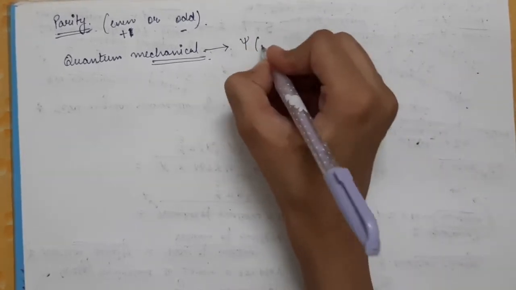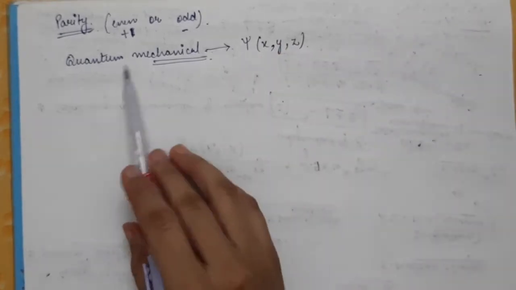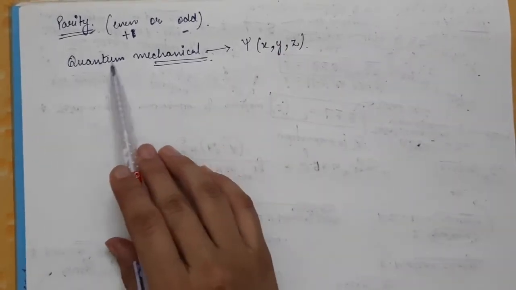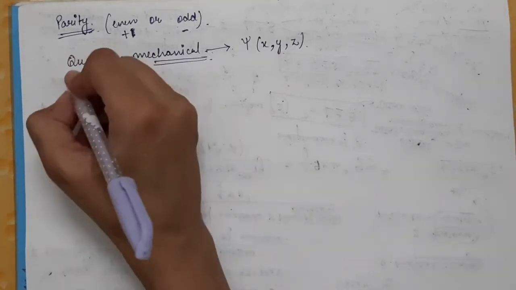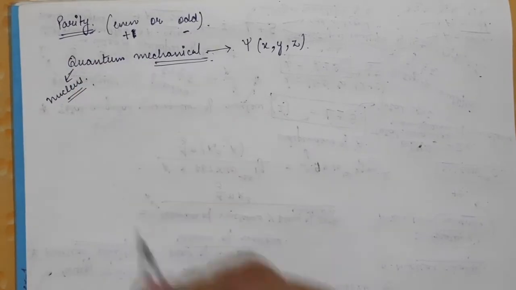is associated with a wave function which is given by psi of x, y, z. So every quantum mechanical system, and here this quantum mechanical system is the nucleus, we are talking about a nucleus over here.